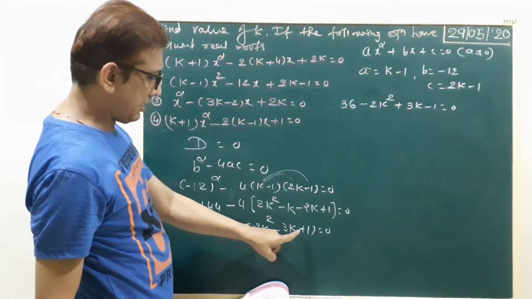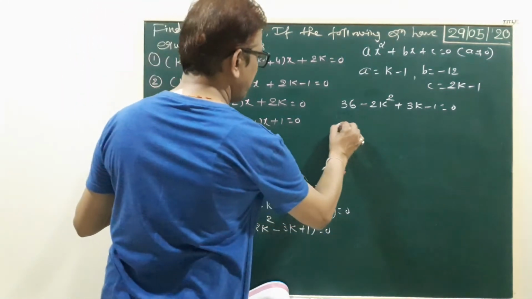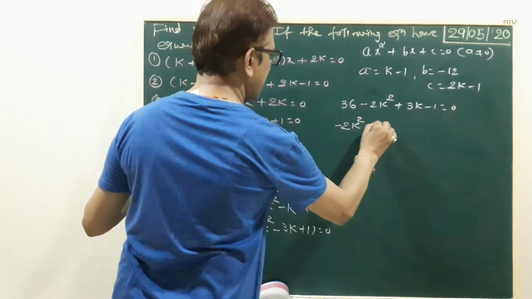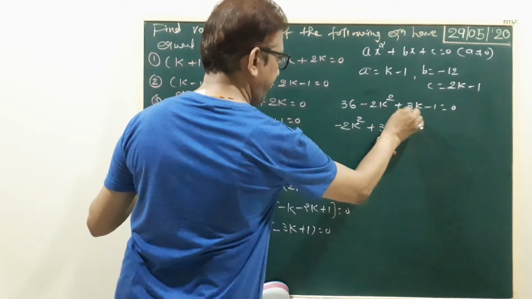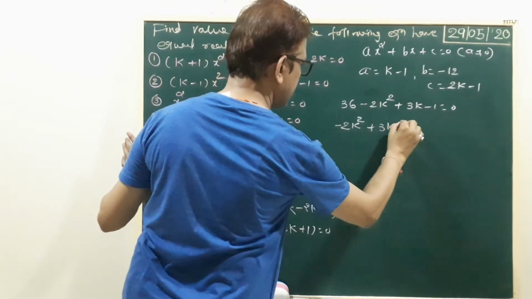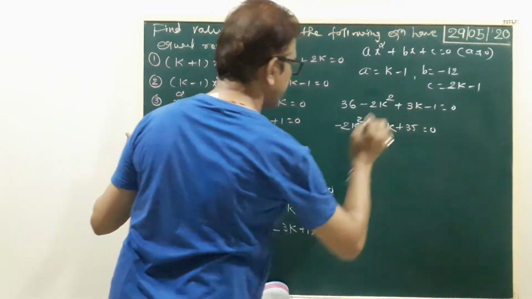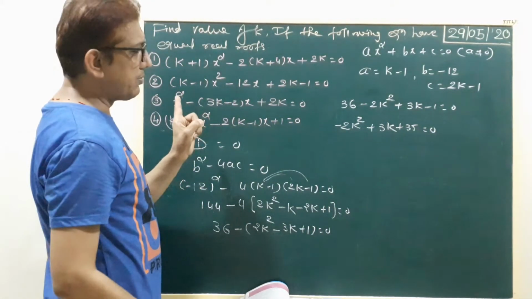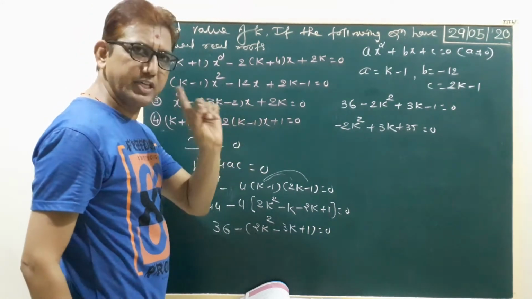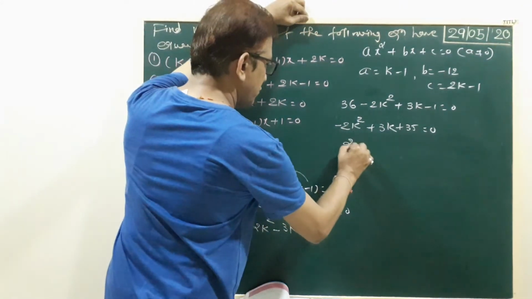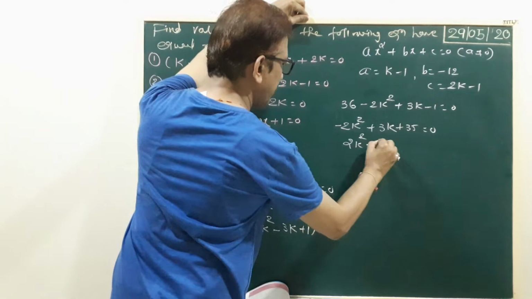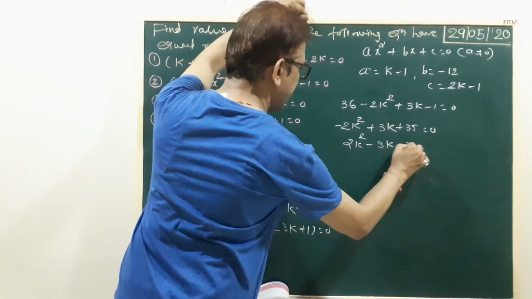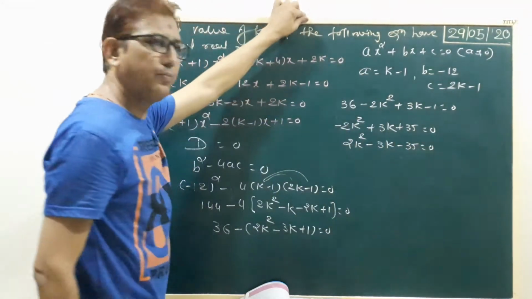Plus 3k and minus 1. So minus 2k square plus 3k, and 36 minus 1 is plus 35, equal to 0. Now minus sign is common because the first term should always be positive. So 2k square minus 3k minus 35 equal to 0.